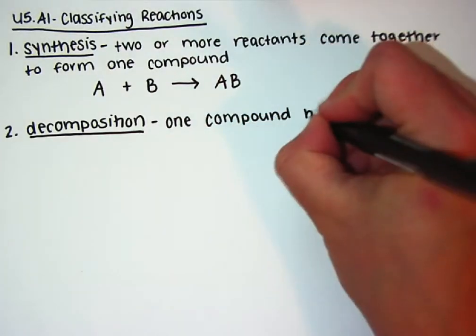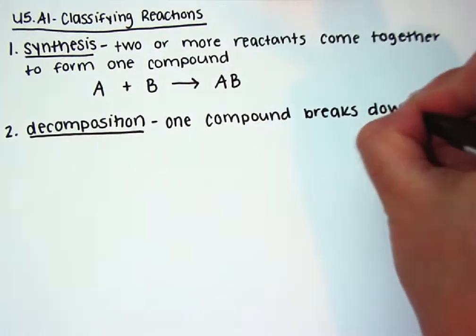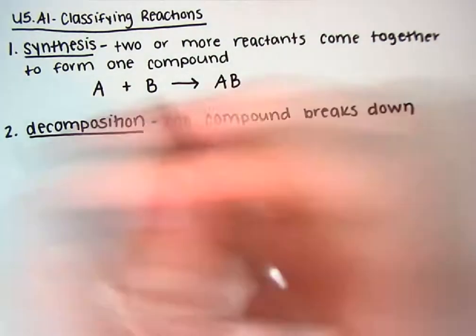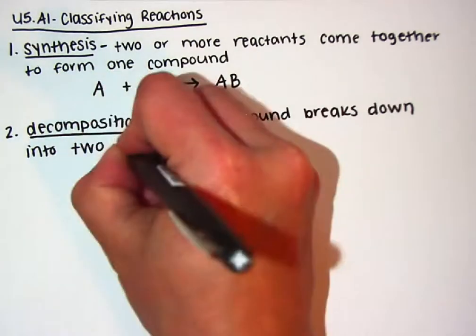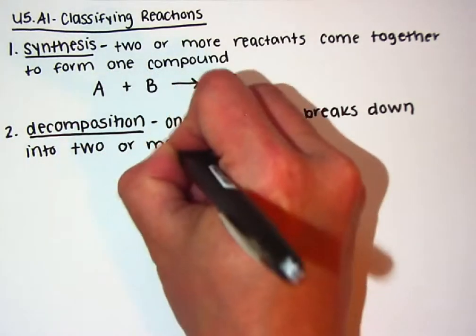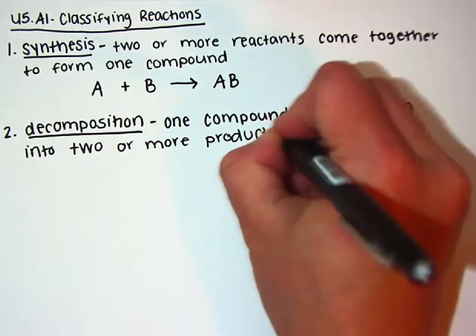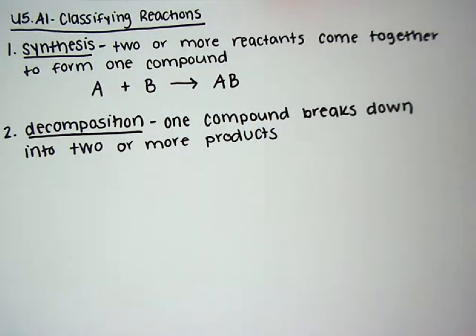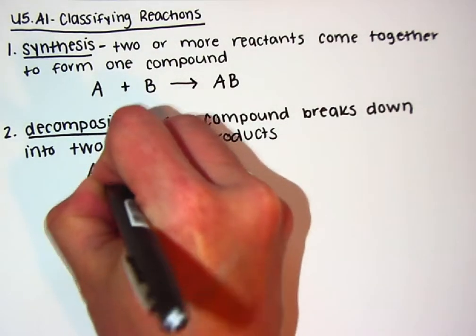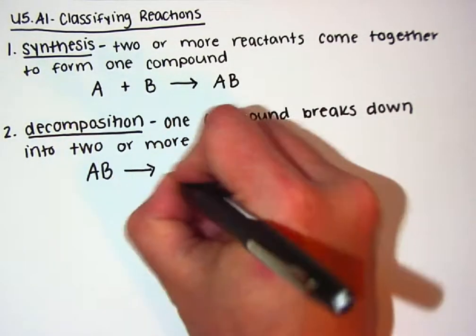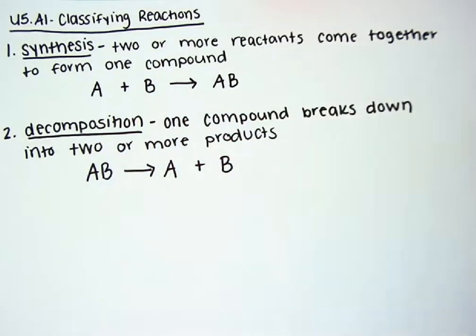One compound breaks down into two or more products. Let's say I had compound AB and it decomposed or broke down into A plus B.